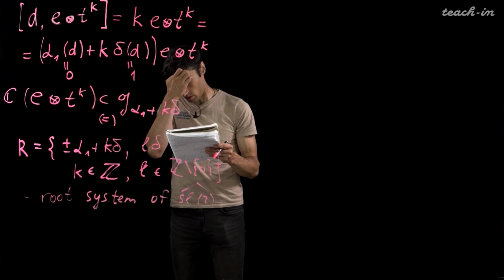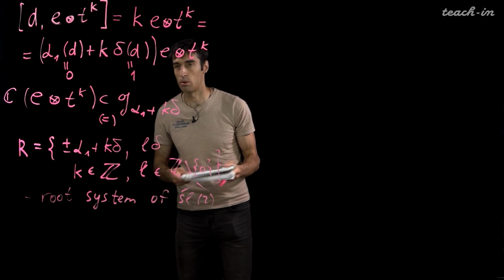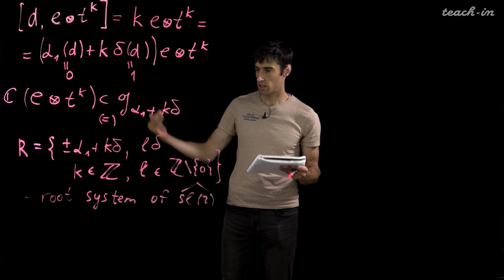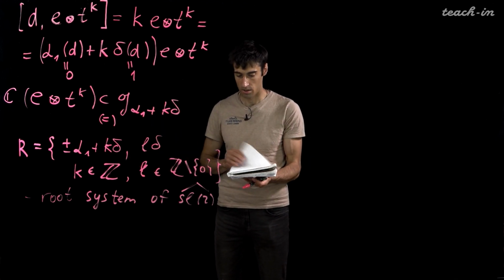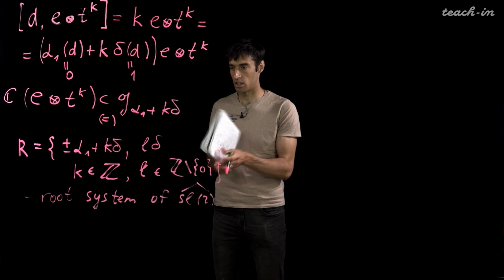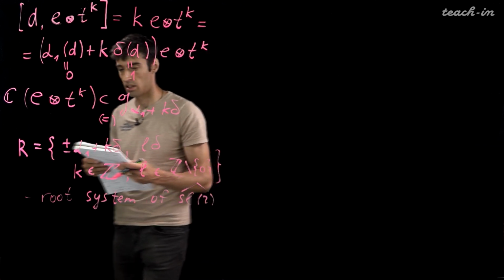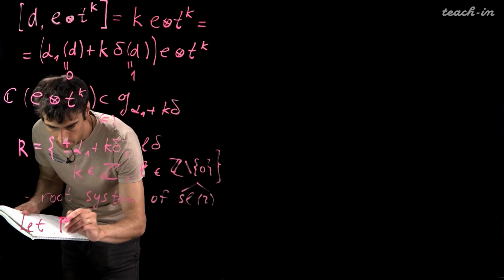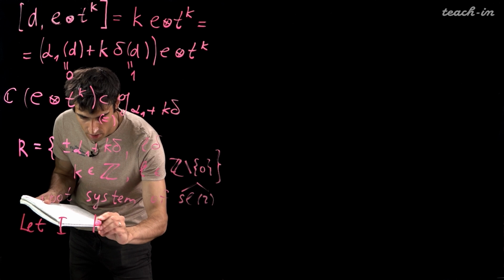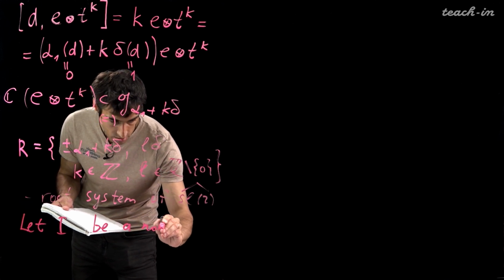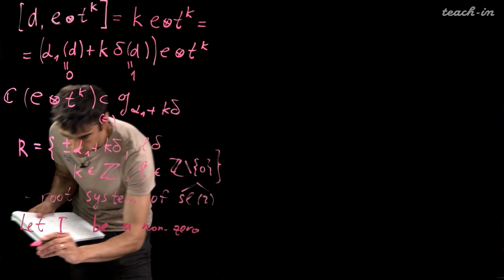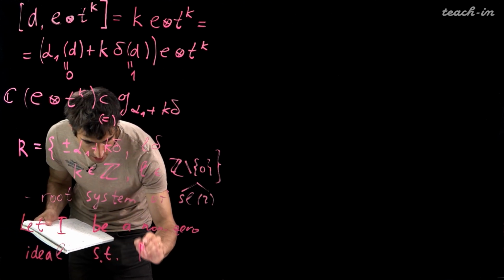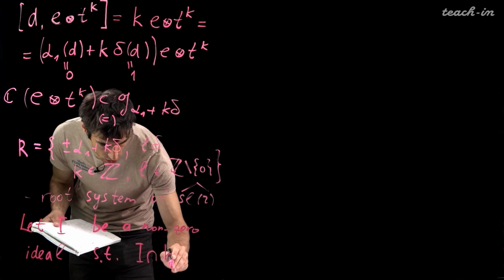Okay, so now, what was our task in the beginning? To see there are no ideals intersecting trivially with H. So for the sake of contradiction, let us consider such an ideal. Let I be a non-zero ideal such that I intersects H trivially.